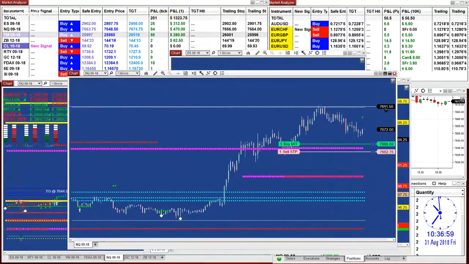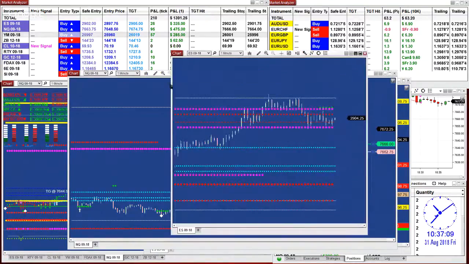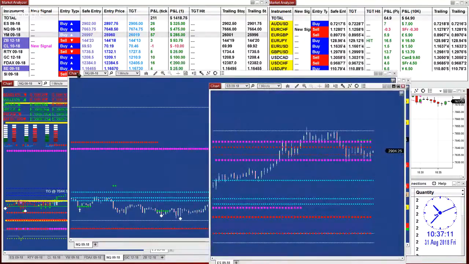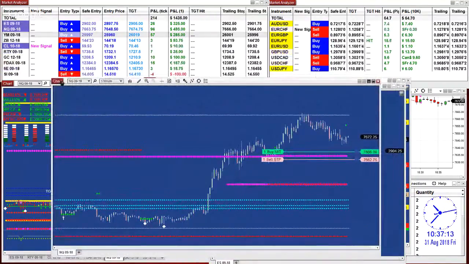If we have a new signal on the CL, folks, new signal on the CL, entry 70.19, and a target is 70.46. We had a signal earlier today. I called two signals here. I forgot what they are. I think the gold. Yes, the gold. We called the gold trade a few minutes ago.